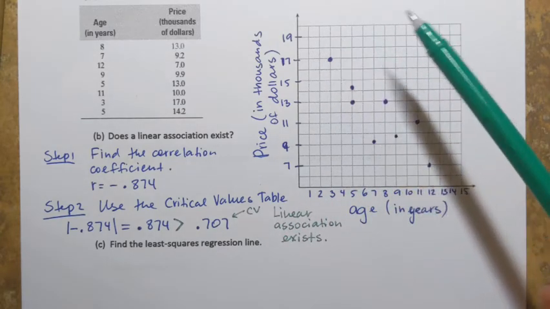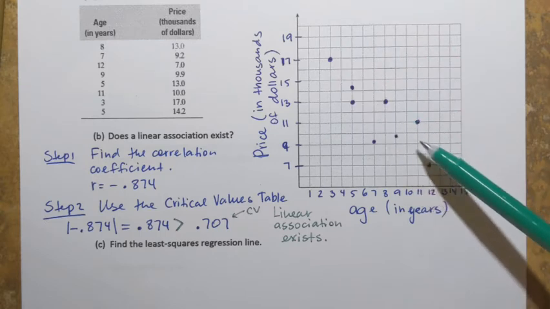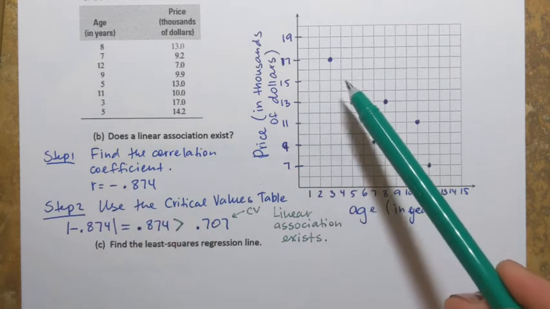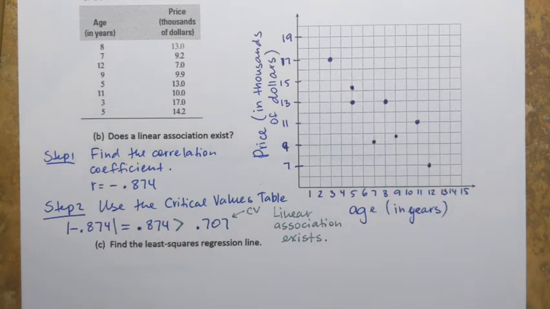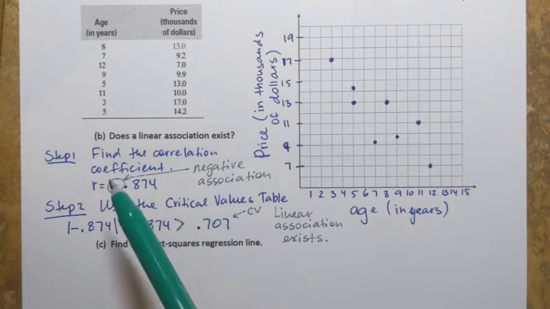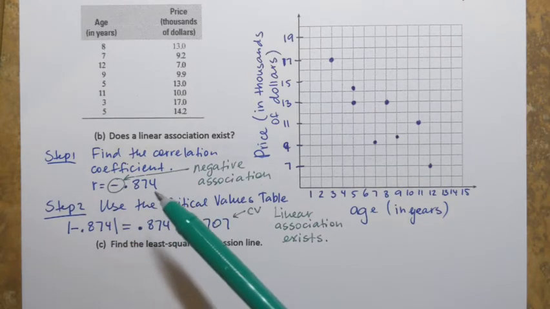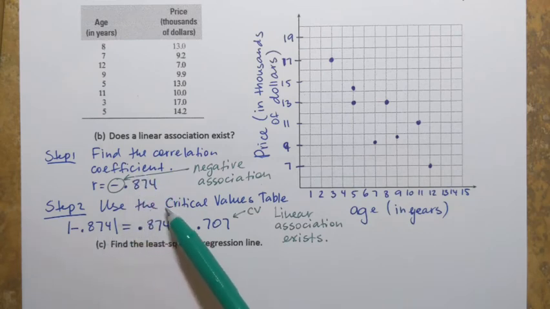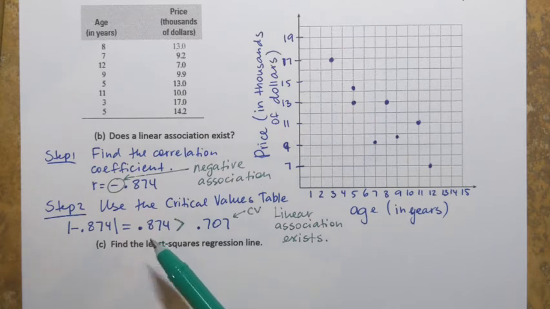We also talked about how the direction is negative. And once again, notice that the correlation coefficient has a negative sign, so that confirms that the association is negative. So in other words, the sign of the correlation coefficient tells us the direction, positive or negative, and the absolute value of the correlation coefficient describes the strength of association.